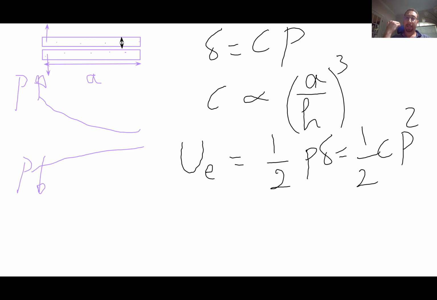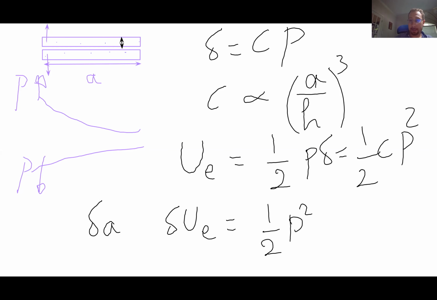Now if the crack grows by a small increment delta A, and let's say I keep the force constant, it's a force-controlled experiment, then the elastic energy will change by some amount.